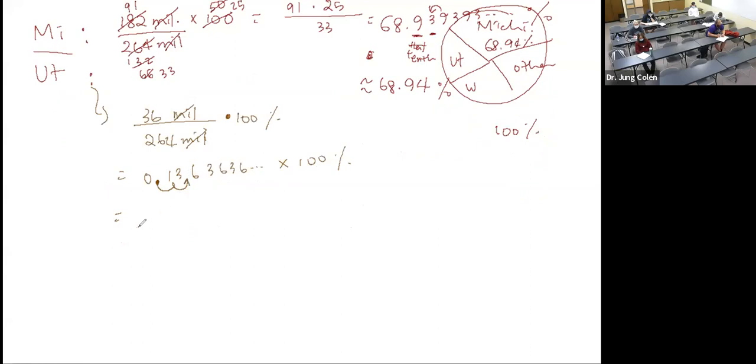So it's going to be 13.636363 percent, right? If you are doing the same thing, you're going to round this to the nearest hundredth, okay? It's this place, and you look at the next number, which is bigger than 5. So you need to round that up, right? That's approximately 13.64%. There we go.